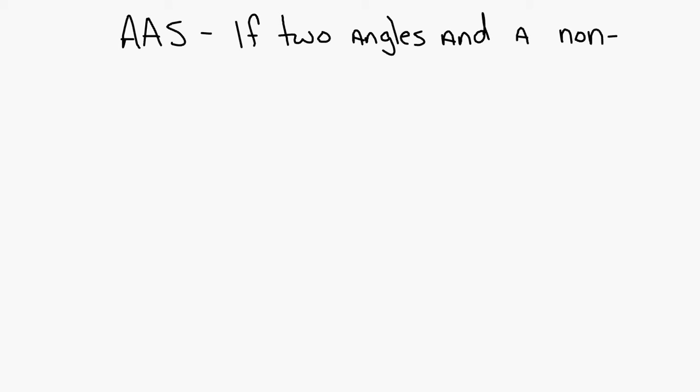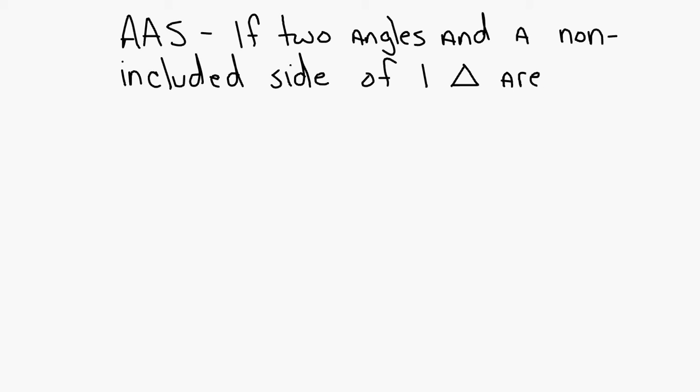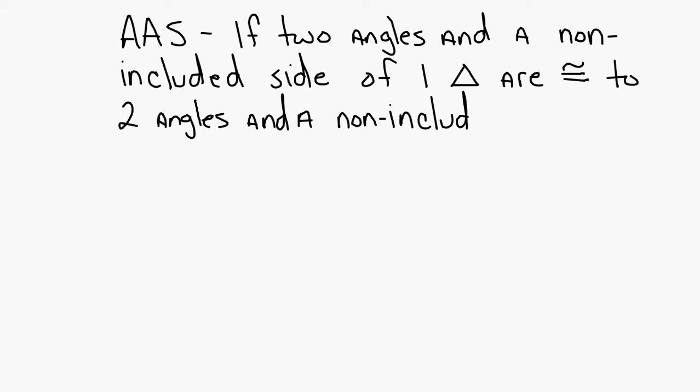If two angles and a non-included side of one triangle are congruent to two angles and a non-included side of another triangle, then what?